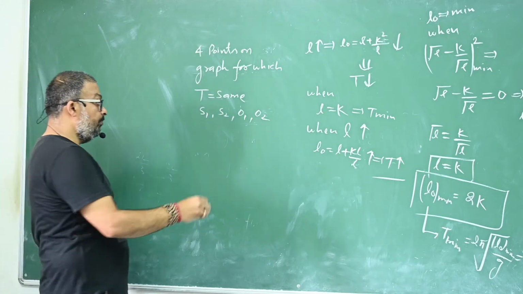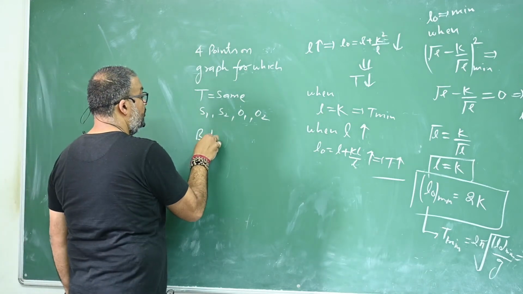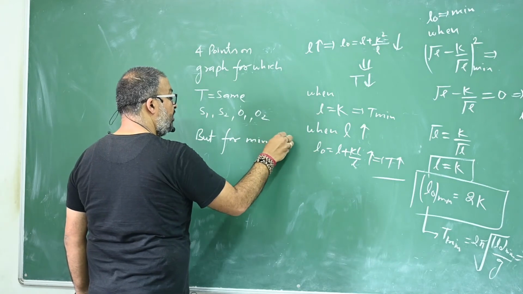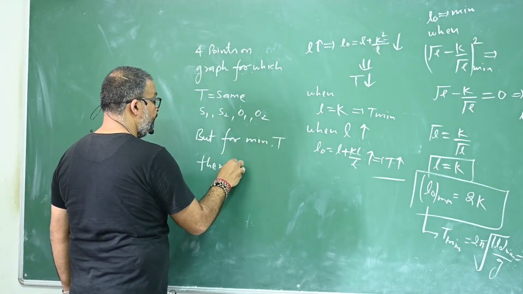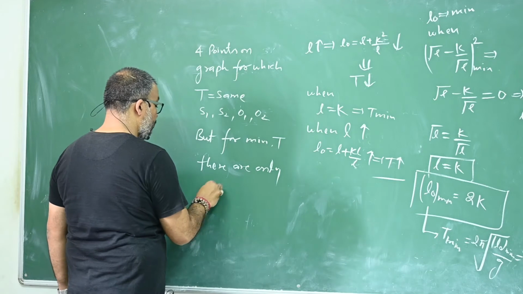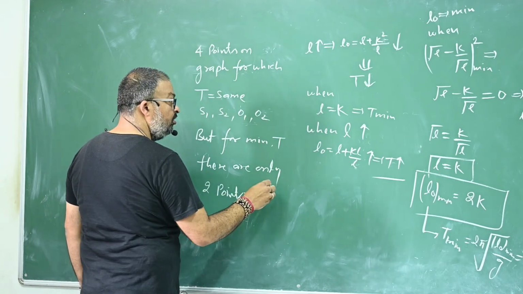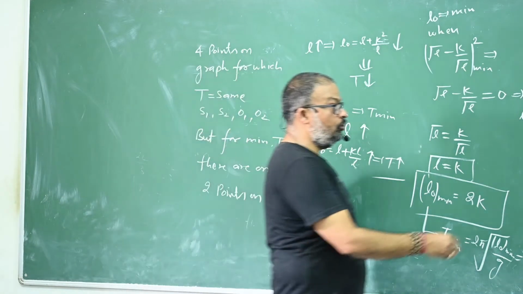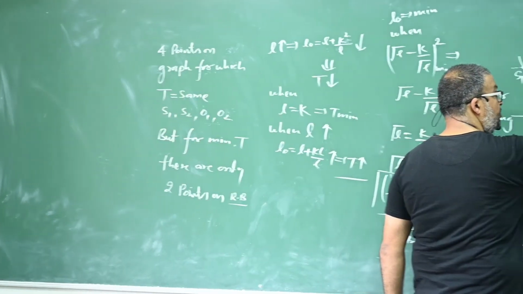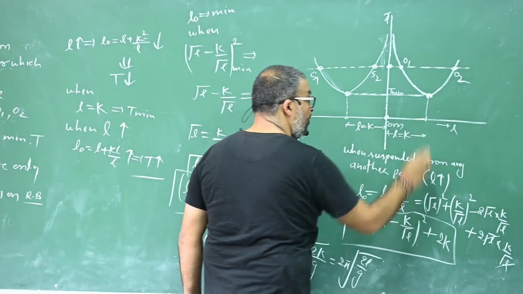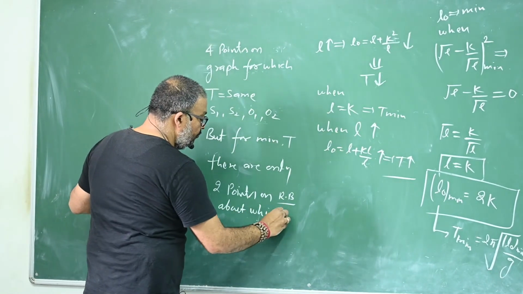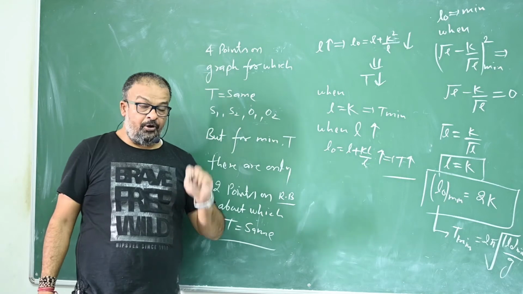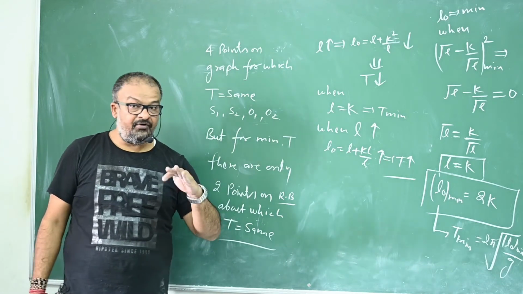One more thing. But for minimum time period, there are only 2 points on the rigid body. Which 2 points? This is a point about which the time period is minimum, one point on this side, one point on that side.